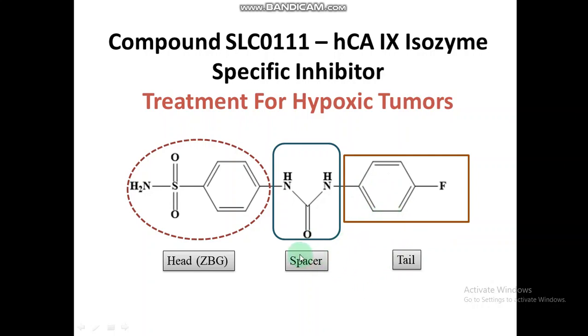So this compound is our base compound. Since we are making a drug based on a ligand, we have taken this compound as the ligand and designed our drugs according to it. It is our standard compound, and we are going to make different structures.